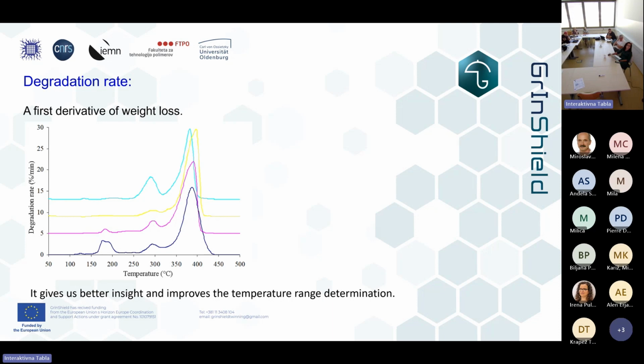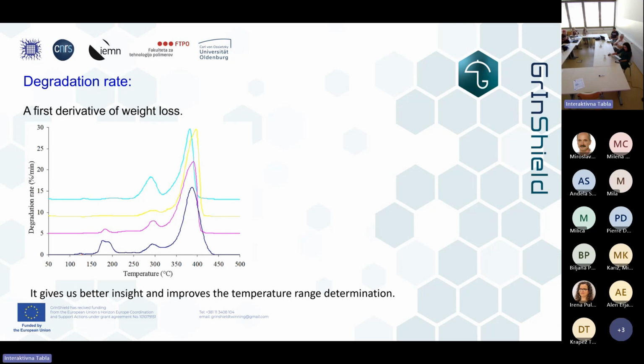If we have several steps, as we see here, we find where to put the borders. It's much easier. If you look just at the weight loss, it's sometimes hard to make these borders.